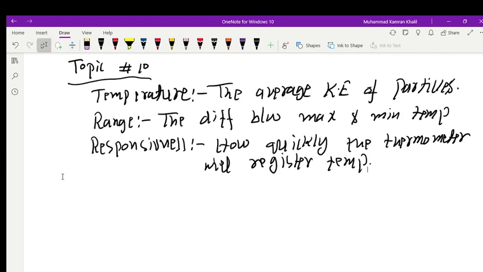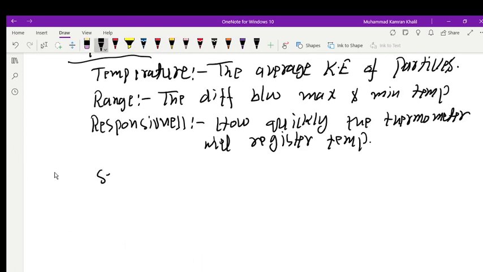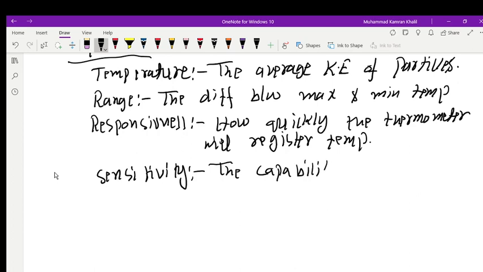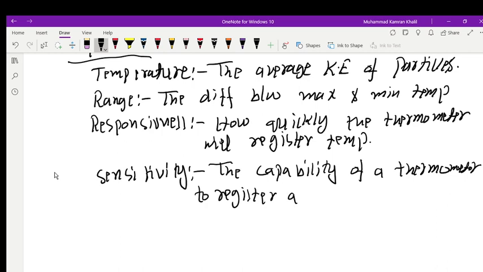After that, the definition is the sensitivity. The capability of a thermometer to register a very small change in temperature.